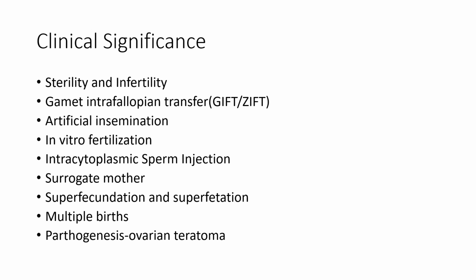Nowadays the incidence of multiple births is increasing because infertile females are pre-treated with hormones which induce maturation of multiple Graafian follicles in the same ovarian cycle. So as multiple follicles are shed, there is a chance of multiple births.